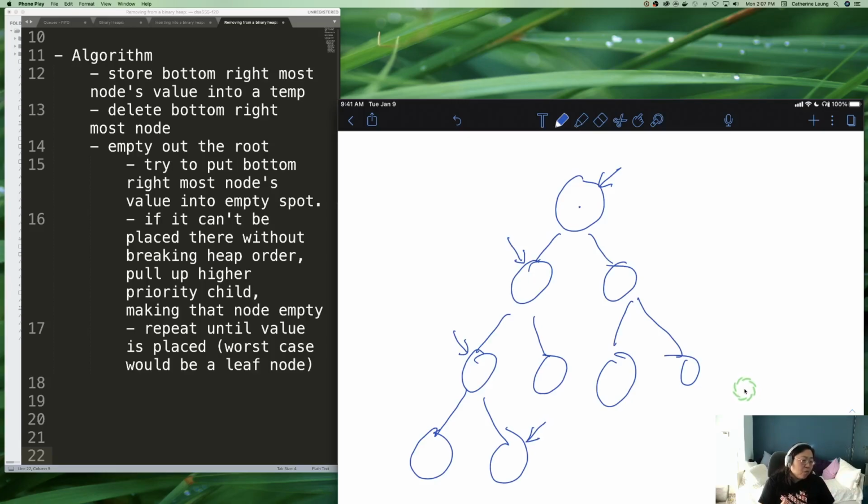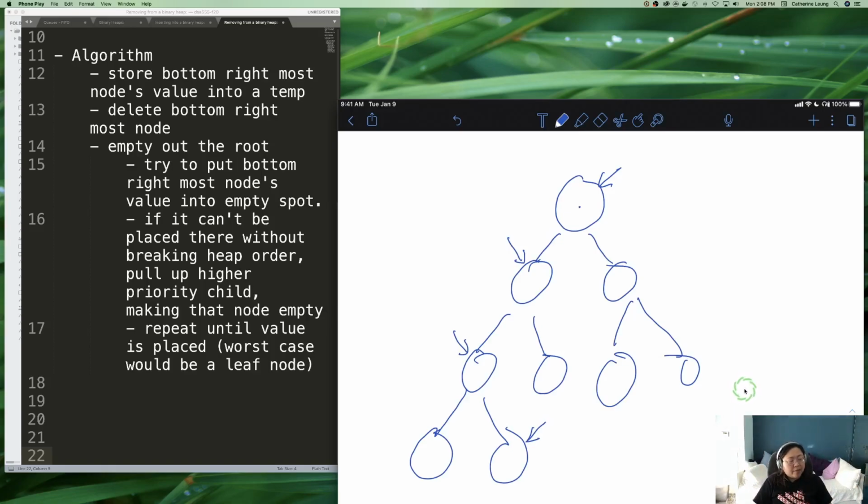But the worst case scenario is that our empty spot starts at the root and moves away from the root all the way down the tree. Notice we don't look left or right. We only look going down. We only say, hey, children, which one is higher priority? You need to move up, kind of thing, right?